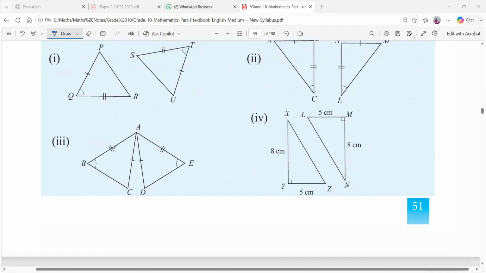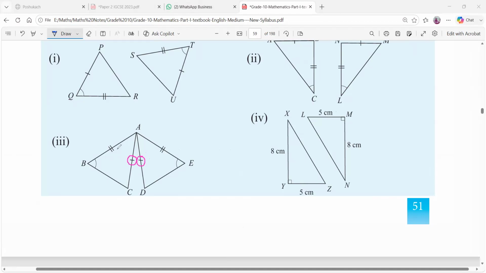Next one, what can you say? Is it congruent or not? These two sides are equal, no?